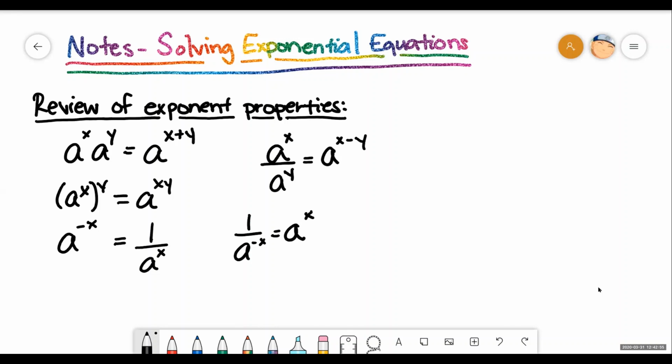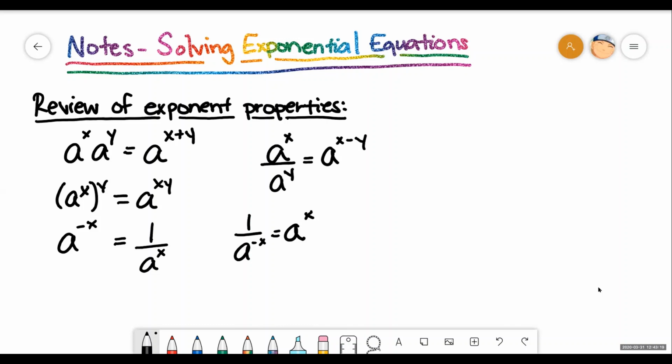If it's got a negative exponent, it turns that exponent positive. And I think that's about all we'll need. We won't worry too much about fractional exponents for today. Those might come up later, but for now, we're good with these.